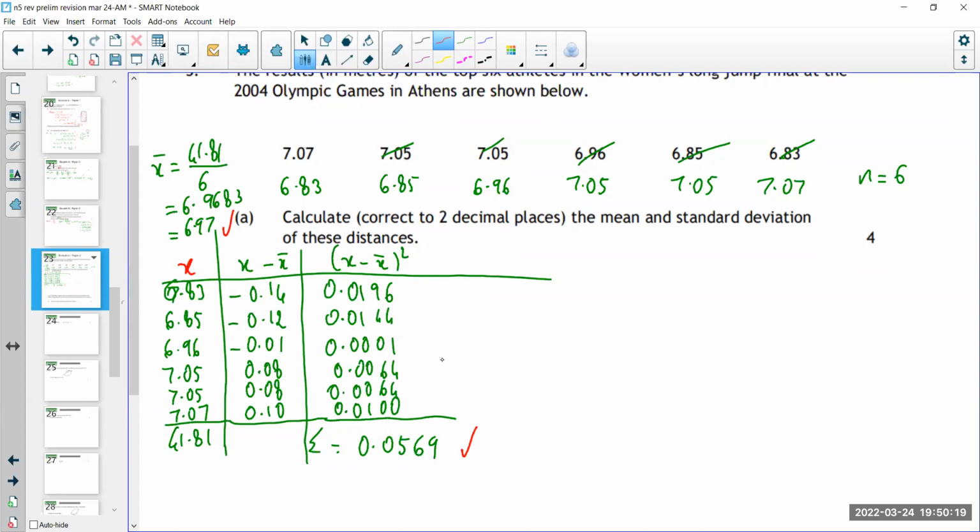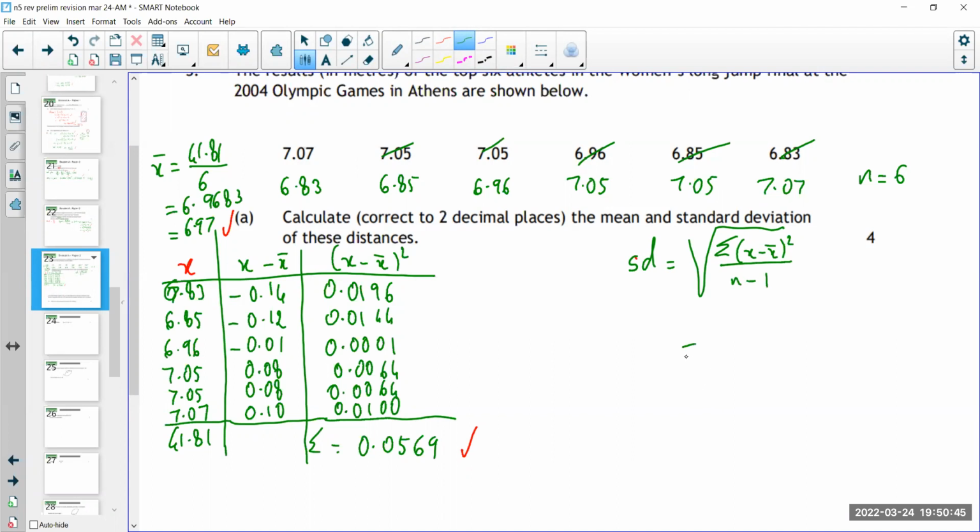How do you get our other marks? You look at SD, standard deviation. The formula tells us that it is the square root of the sum of X minus X bar squared over n minus 1.